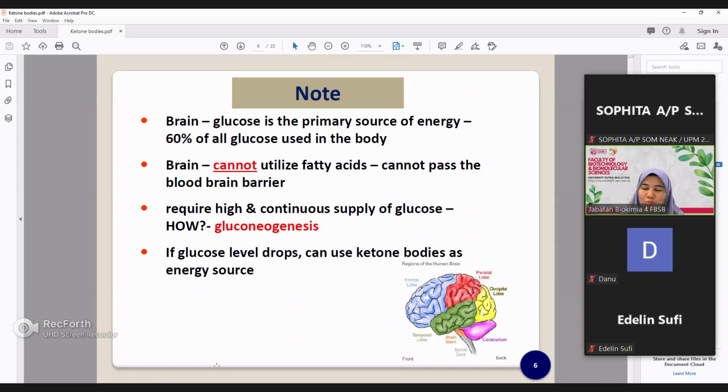So ketone bodies are a very important alternative fuel for the brain. Otherwise, when there is not enough glucose for the brain, you can imagine what will happen to your body.